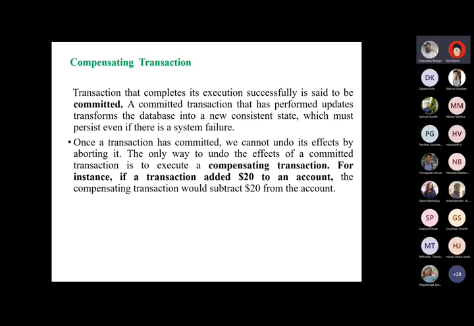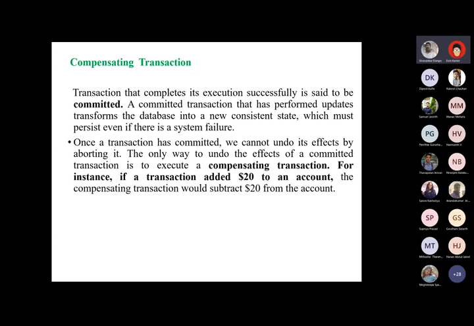For example, you are going to transfer something from one account to another, and unknowingly you have transferred $20. Is it possible to roll back the transaction once it is committed? It's not possible.